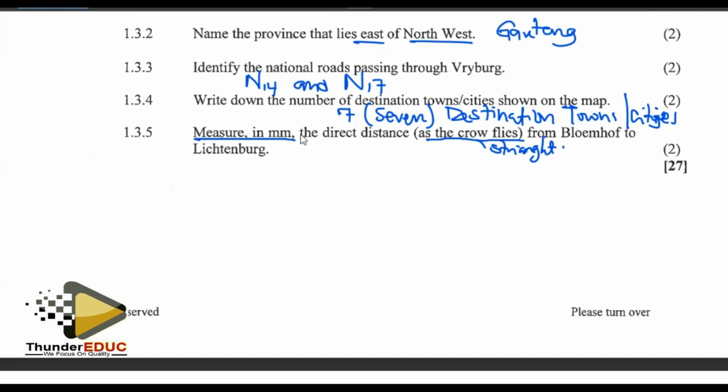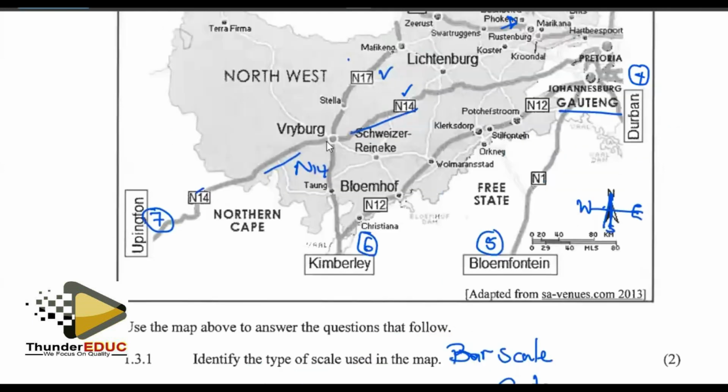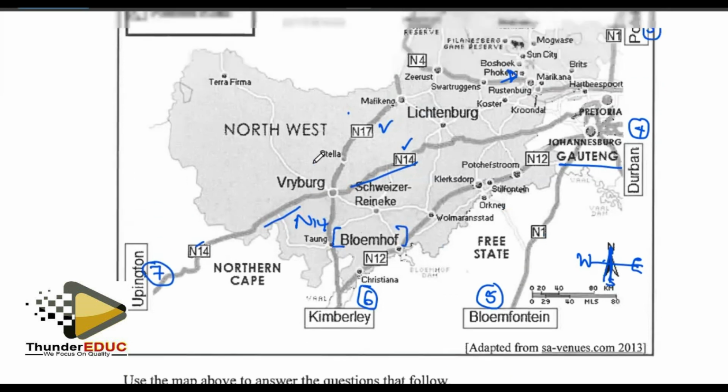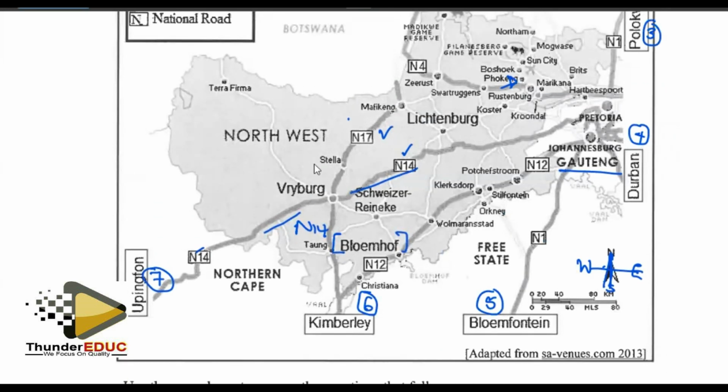Now here they're saying as the crow flies from Blue Mouth to Leschenbach. So you come here, identify the towns. We are here. Then we are going to Leschenbach, which is this one here. So put your ruler here up to here. Measure the distance that you get.